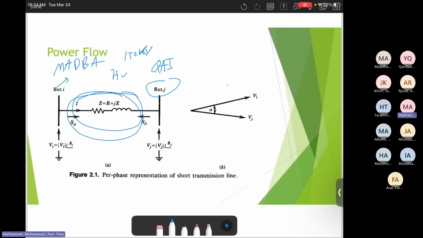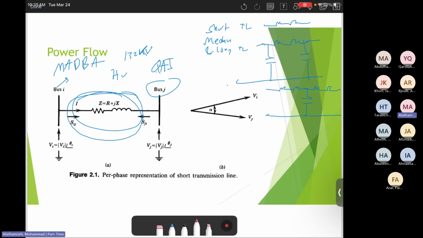If the distance is medium or long, we have resistor and inductor, and there is a capacitor here and a capacitor here. This is called the pi model. There is another model which is called the T model, like this: RL, capacitor, and RL.